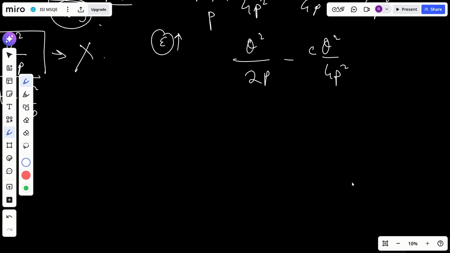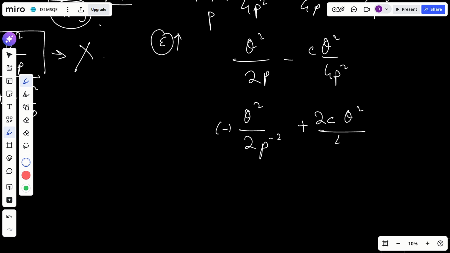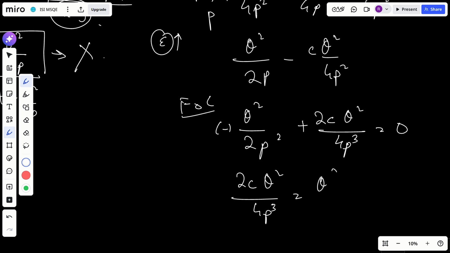So we will differentiate this. Our first order condition will be this plus 2c theta square by 4p cube equal to 0. This is our first order condition. So 2c theta square by 4p cube is equal to theta square by 2p square.